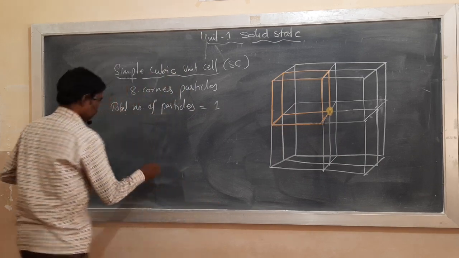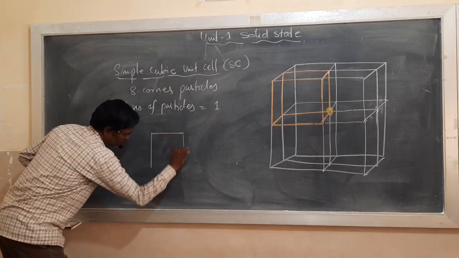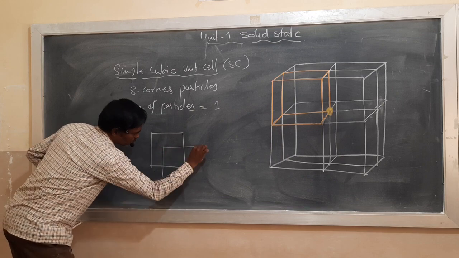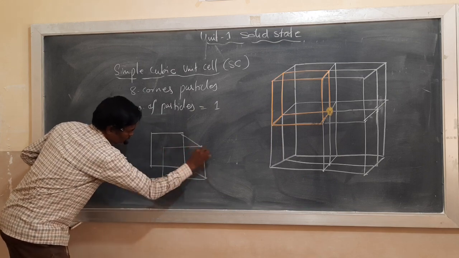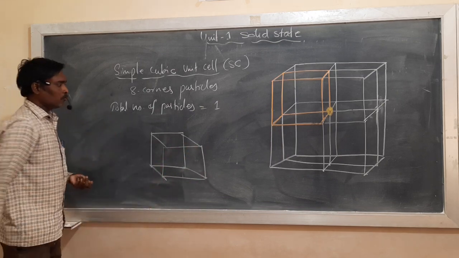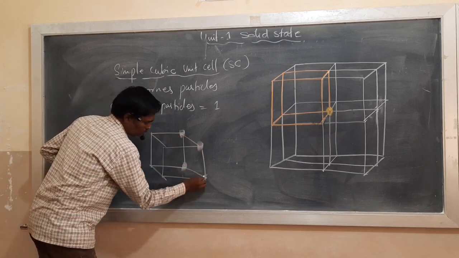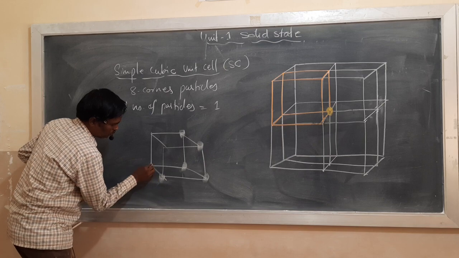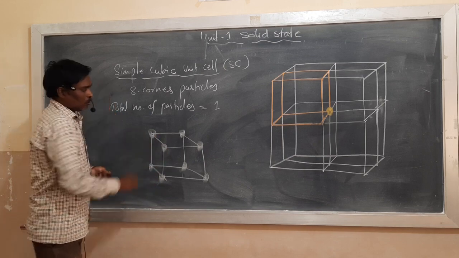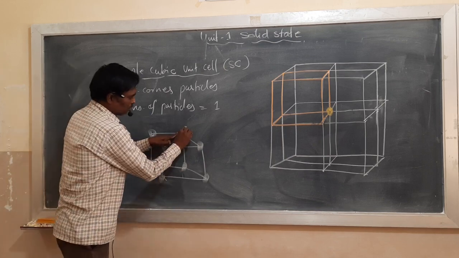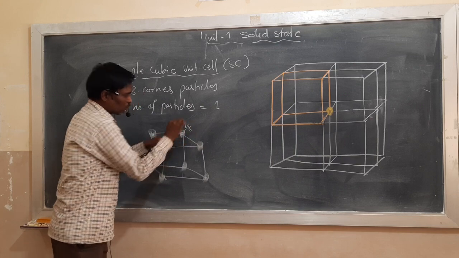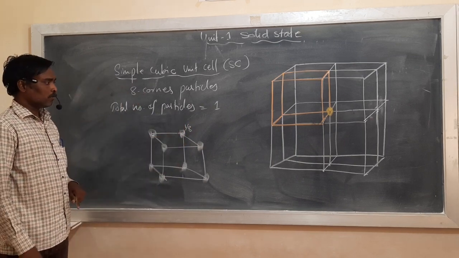Okay. So, if I write this is the cube. So here, these are the corner particles. These corner particles' contribution to that particular unit cell is 1/8.